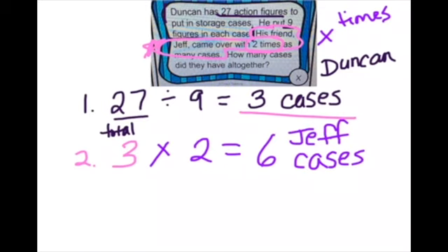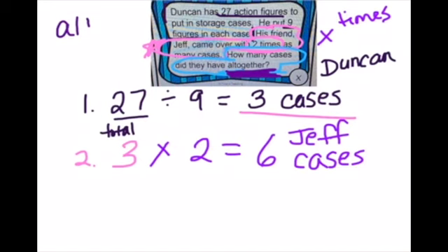So let's look at the next step because we know we did not read the whole story problem yet. How many cases did they have all together? That's the last part. How many cases did they have all together? And I know that when we used to work with story problems with adding and subtracting a while back, that all together word was really important.